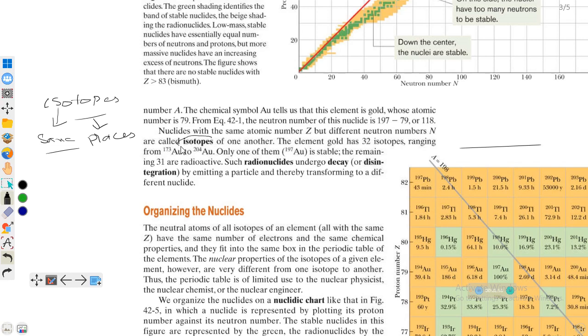Isotopes are those atoms which have the same atomic number and different mass number.